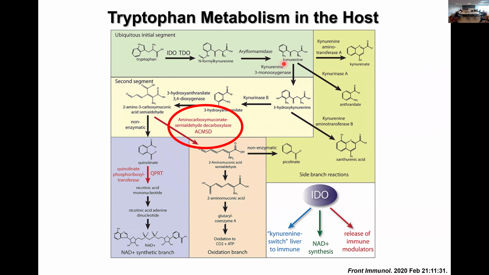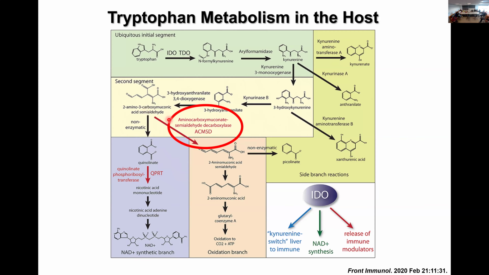It ends up going to kynurenine right here. And then from here, kynurenine can go either this side, and we're going to ignore that branch, but it can also come down here and through a series of reactions ends up on this metabolite, and I'm just going to call it ACMS, this amino carboxymuconic acid semialdehyde.